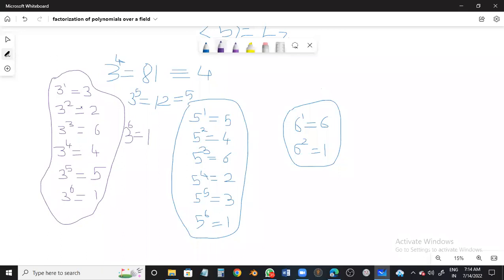Wait a minute, please. So what you observe here, all the elements are just the powers of 3, meaning this group is generated by 3. Followed me?